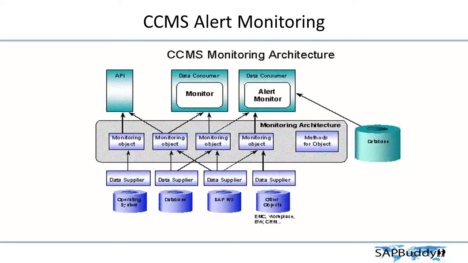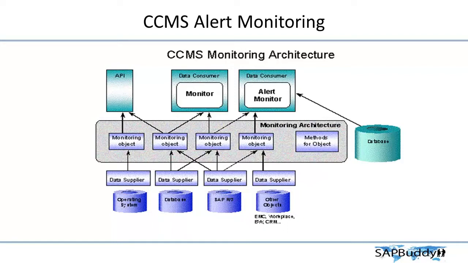In this diagram you can see the CCMS monitoring architecture, where we have data collectors which are available in all SAP products, or we can say in all SAP standard products in the ABAP, which is already available, and we also have data collectors for different data sources. For example, let's say we have an operating system.